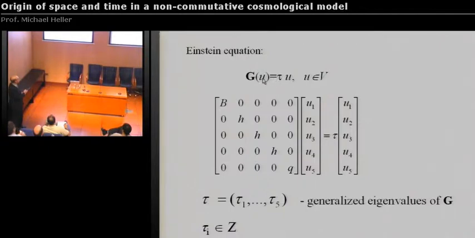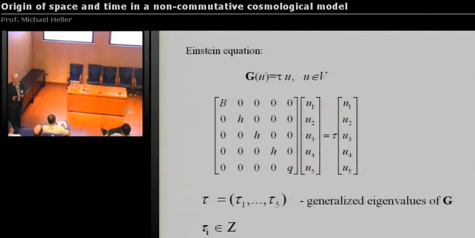Now our task is to solve that equation, and this can be done almost immediately. The solutions, the generalized eigenvalues, are the following: tau B, tau H, and tau Q. They solve this equation, like usually in mathematics when we try to solve an eigenvalue equation.